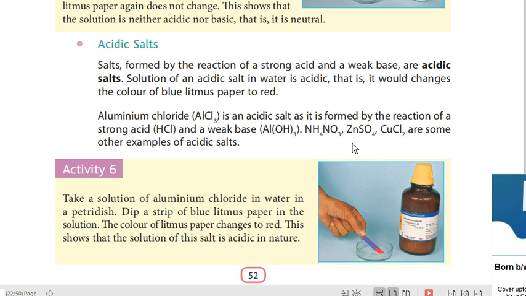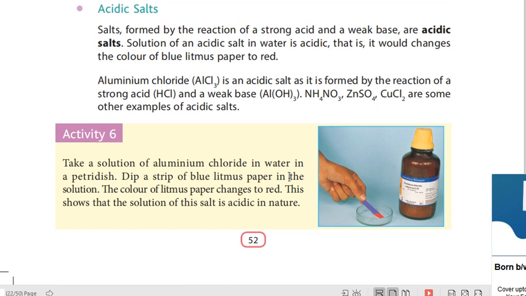See, in ammonium nitrate, the basic part is ammonium hydroxide and the acidic part is nitric acid, that is HNO3. Similarly, in zinc sulfate, zinc hydroxide is the base and sulfuric acid is the acid. So, in all these examples, we have seen a strong acid is there, but a weak base is there.